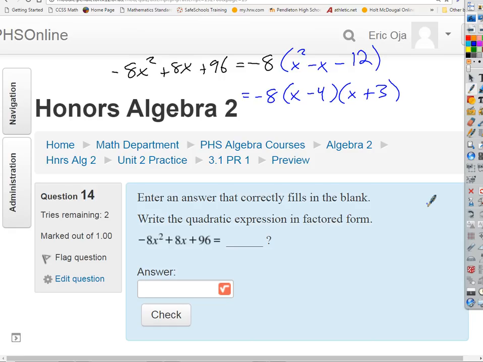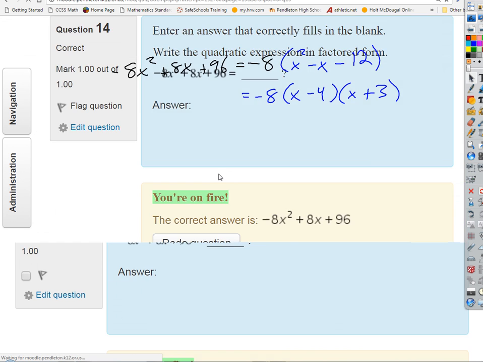And that's as far as we can go. So you know it's completely factored if I can't break it apart any further, but if I were to turn around and multiply it all back together, I would get the original answer. Okay, we got it.